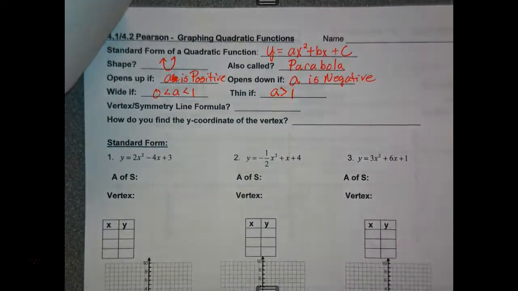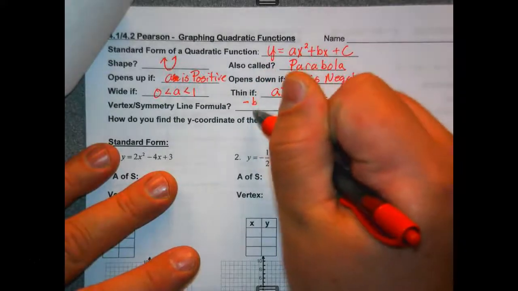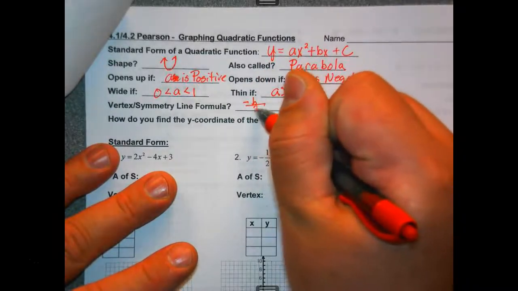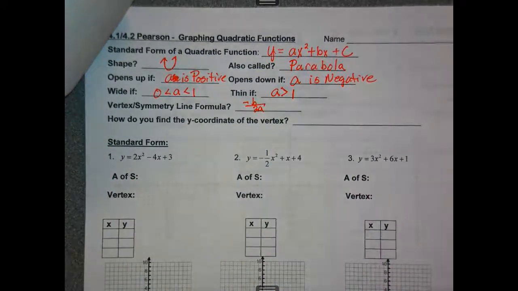Does anybody remember the x-coordinate of the axis of symmetry? The x-coordinate of the vertex? What the formula is for that? Negative b divided by 2a. Remember?